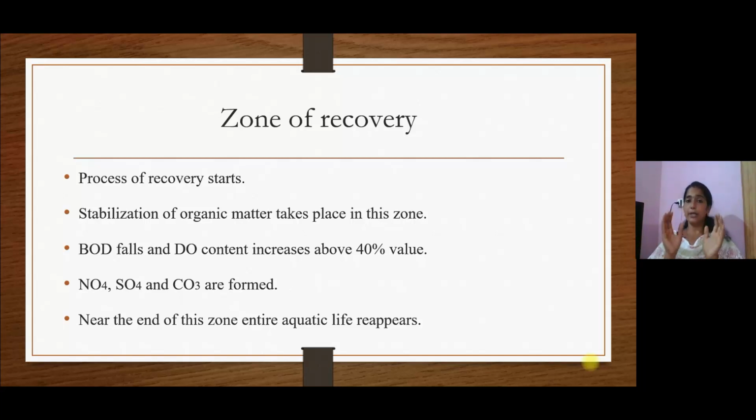In this zone, the BOD value will be lesser and the DO content will start increasing. And NO4, SO4 and CO3 are formed at this stage, and near the end of this zone, entire aquatic life reappears due to the reaeration process and the increase in dissolved oxygen content.